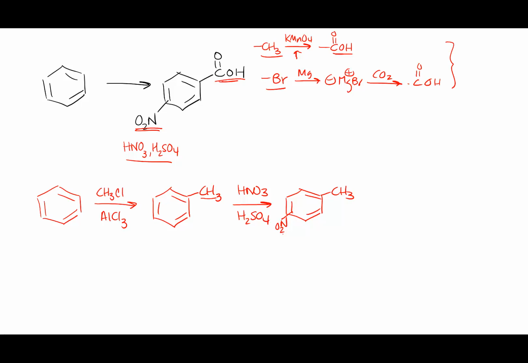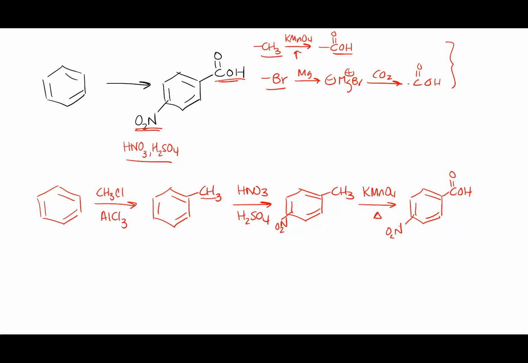Now I've got the nitro group in the correct position, so now I can say, okay, let's go ahead and use KMnO4 and heat, just like we did in lab. I'm going to oxidize the methyl group into a carboxylic acid, but now the nitro group is in the correct position.